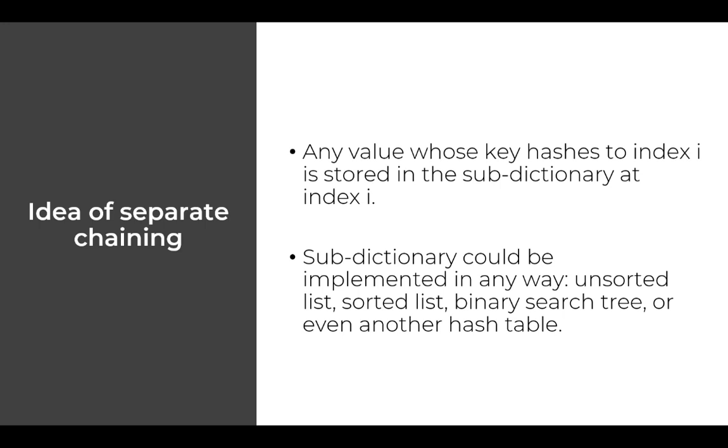For engineering reasons, the subdirectory is always an unordered linked list, hence the name separate chaining. It is also called open hashing because the data is stored outside of the array. A question for yourself is, why is an unordered linked list the best choice?